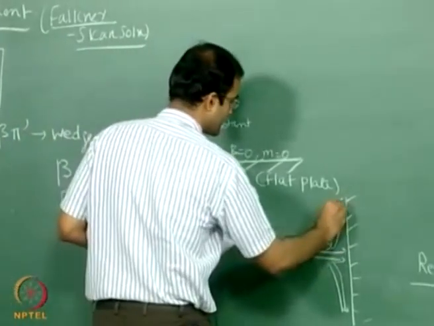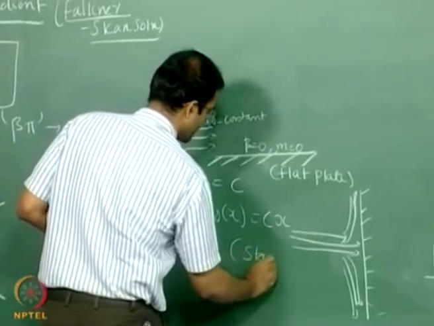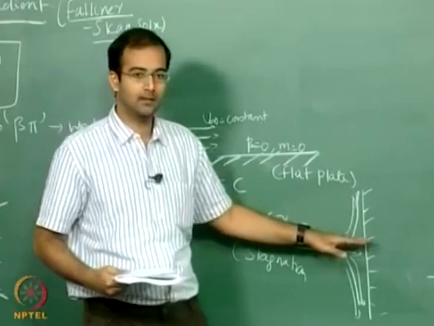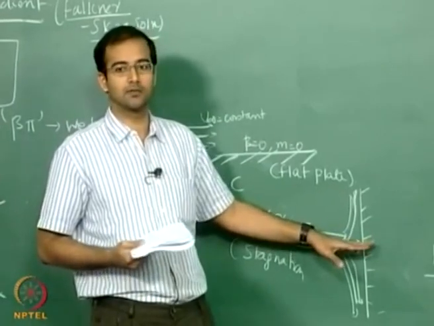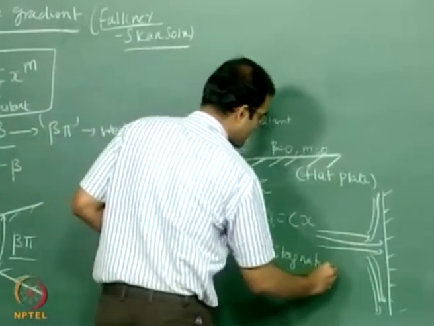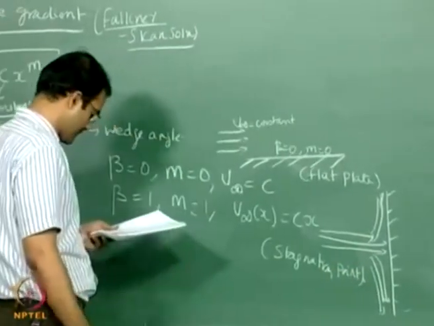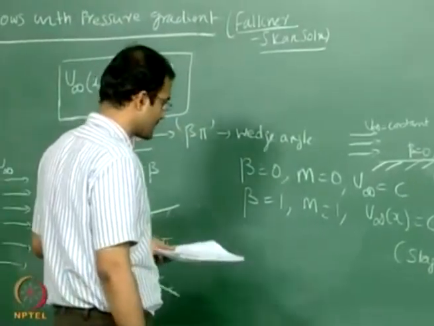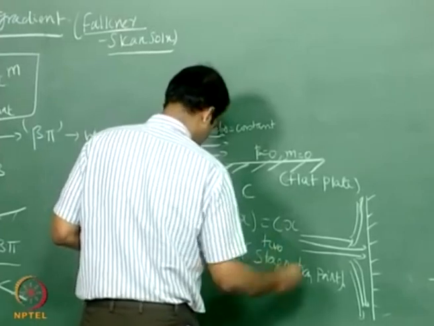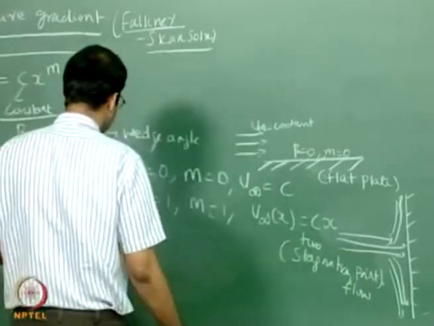This is called a stagnation point solution, because you can see that the flow comes, hits, and the velocity has to be 0, so this is a stagnation point. Since it is 2D, this is 2D stagnation flow, or stagnation point flow.